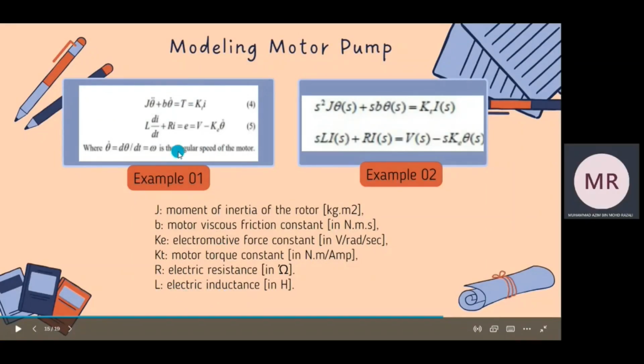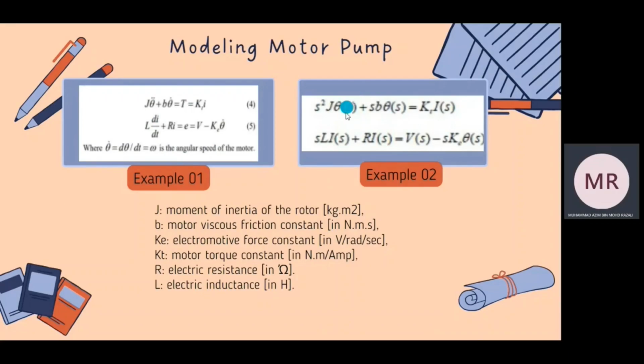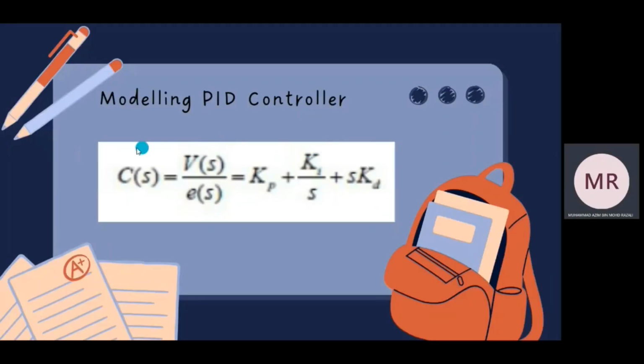These are the equations, and this is the equation after transfer functions. This is for the motor pump, and this is the transfer function for the PID controller, which is C(s) equals V over E, equal to KP plus KI over s plus s KD.